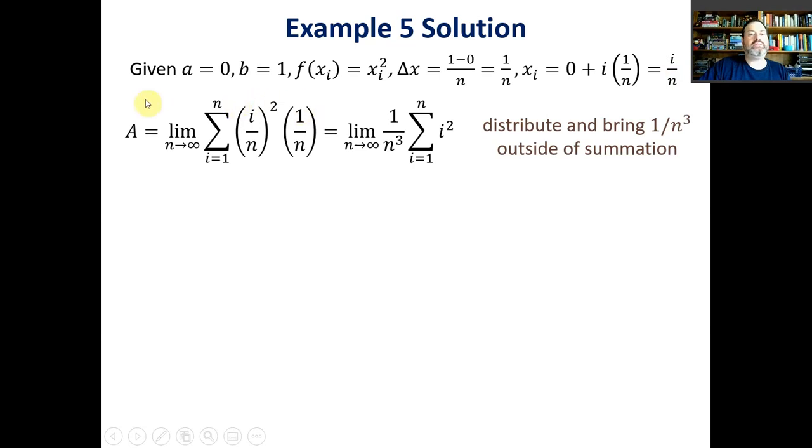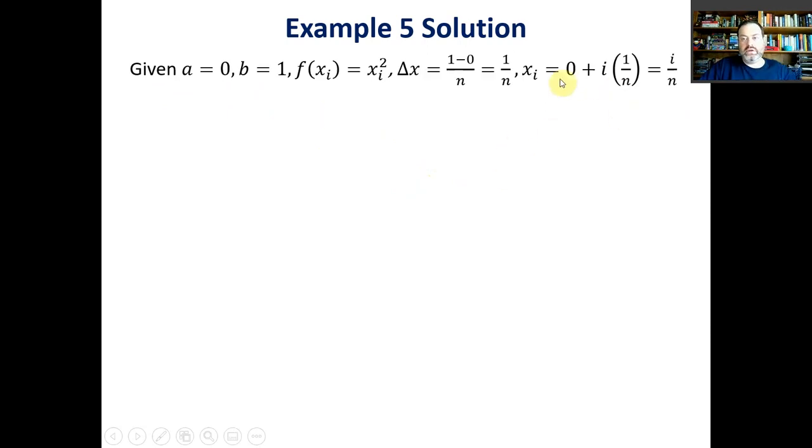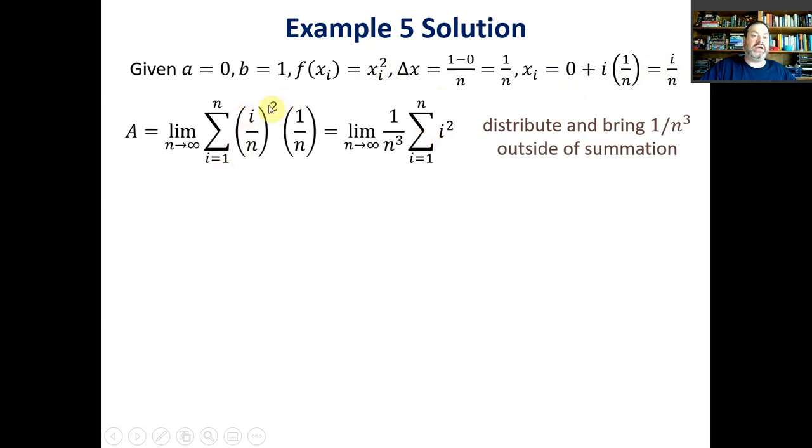Now we fill everything into the formula. So let's go back and look: f of xi and delta x. f of xi is xi squared. xi is i over n, so the function itself is i over n squared. This is f of xi. You just have to keep back substituting.